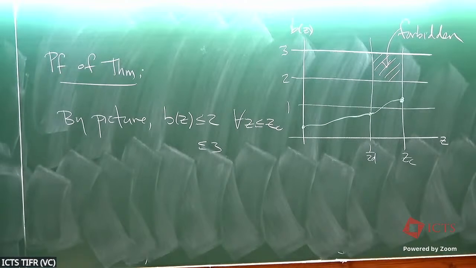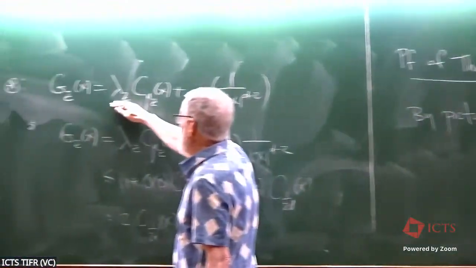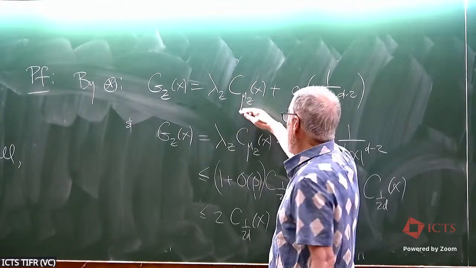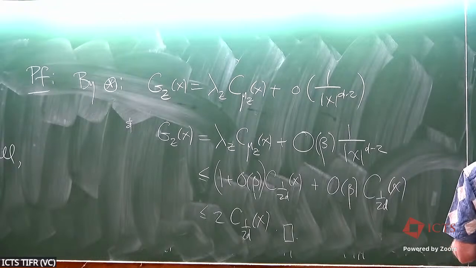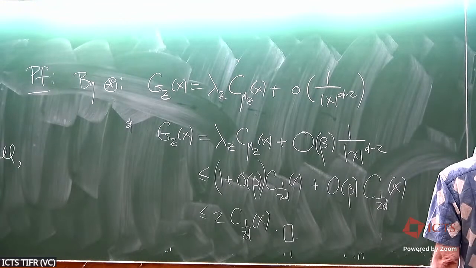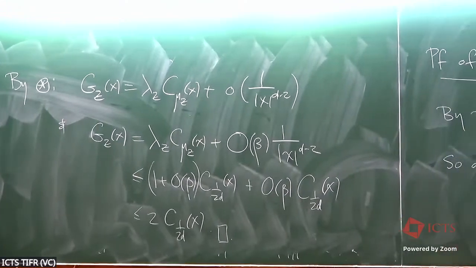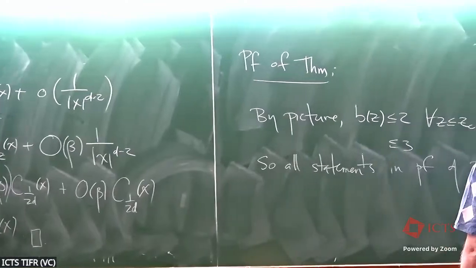So now we just let Z go to ZC in this equation, take Z equals ZC, we get the critical 2-point function, 1 plus order beta, we get the critical 2-point function for simple random walk here, and we have our smaller error. So all statements in proof of proposition 2 hold.